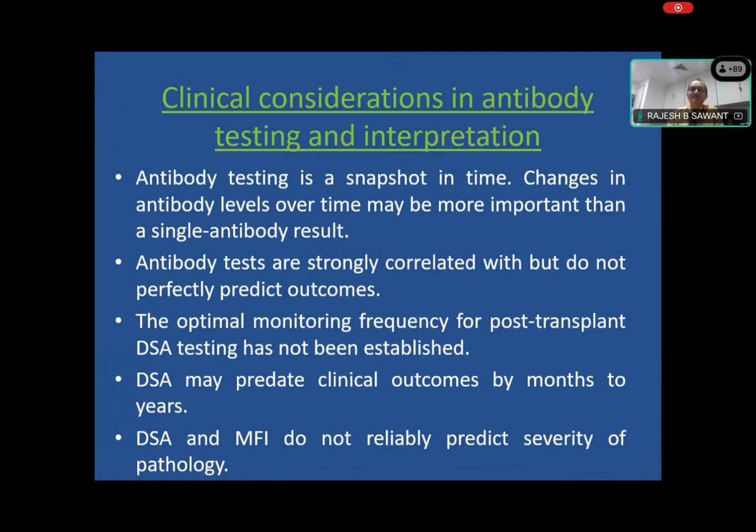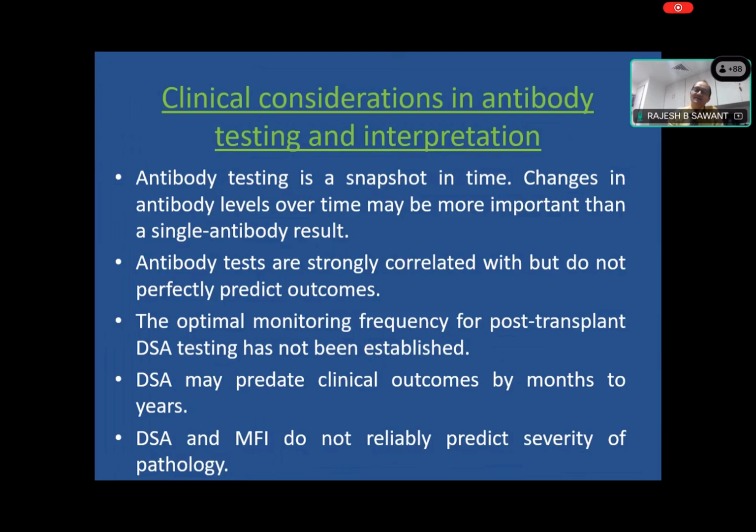The next important aspect is that antibody tests are strongly correlated with outcomes, but they do not perfectly predict them. You may have a case where there is a fairly strong antibody. How do we decide whether it is strong or weak based on the MFI values? We have seen patients where the MFI values are about 10,000, which we consider very clinically significant, but the transplant outcome is not all that bad, and you are still able to do a successful transplant.